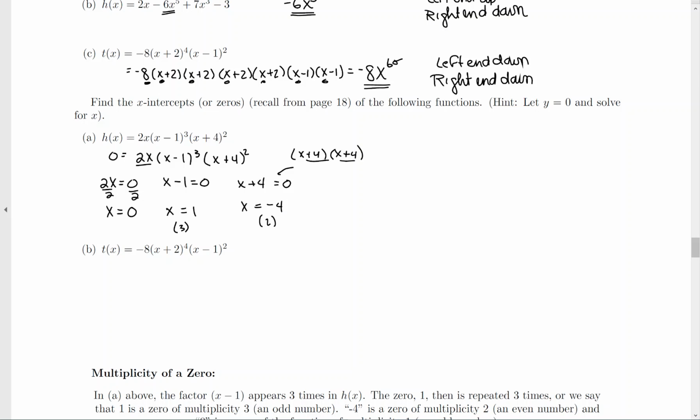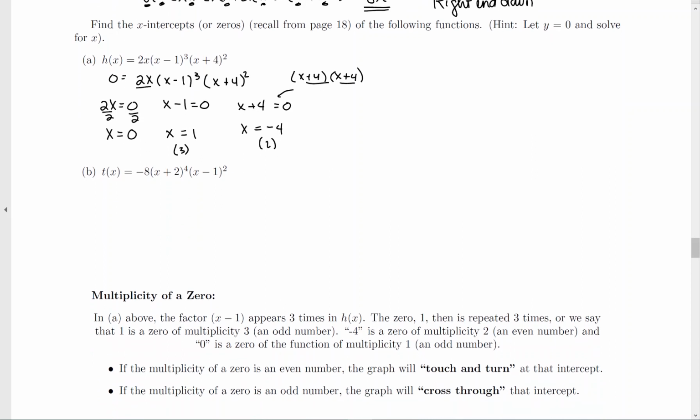All right, for letter B, we're going to find the x-intercepts. So let y equal 0, -8 times x plus 2 to the 4th, x minus 1 squared. Set each factor that has an x in it equal to 0. The -8 doesn't have an x in it, so I'm not going to set that equal to 0. The -8 tells me that it got flipped and stretched by a factor of 8, but it doesn't tell me anything about the x-intercept.